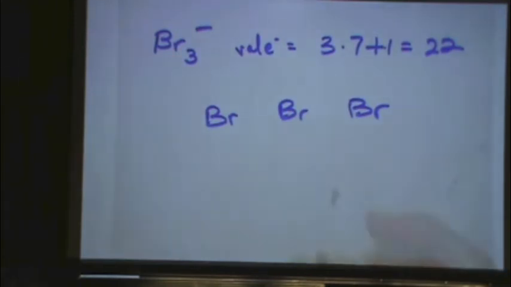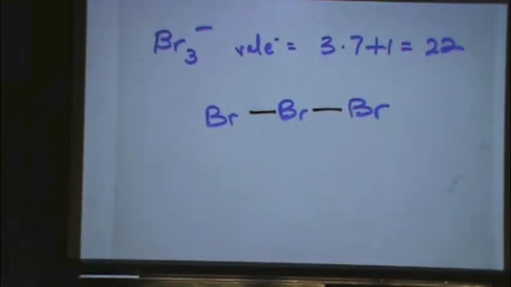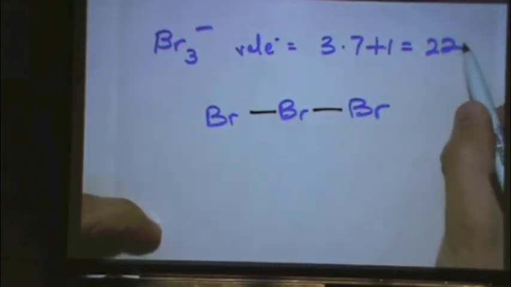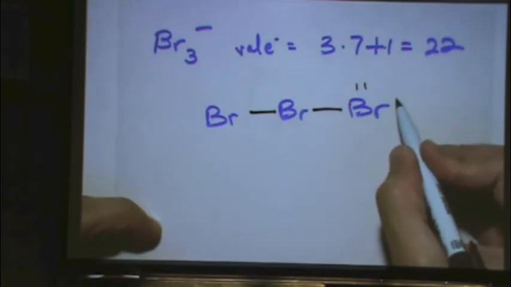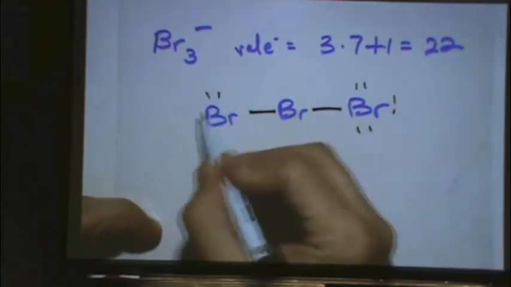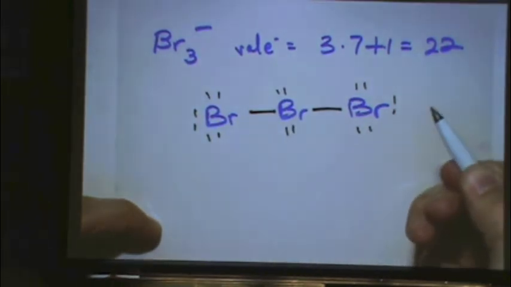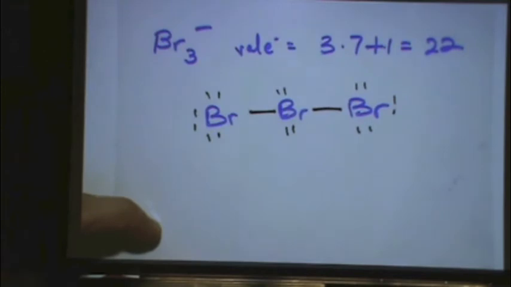Okay, for a full problem, again, just like before, you all start with the Lewis structure first. Draw the bonds for the skeleton, 2, 4 of 22. So 4 electrons of 22, then you go on the outside. 6, 8, 10, 12, 14, 16, 18, 20. And now in this case, I still have more electrons, but everything has an octet.